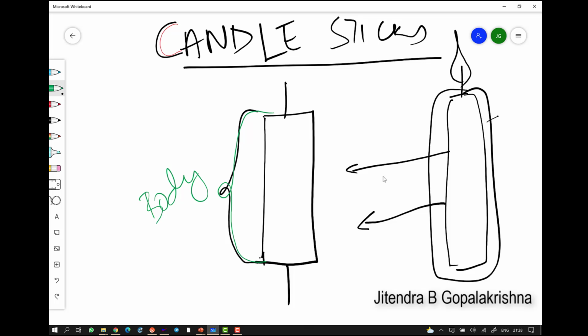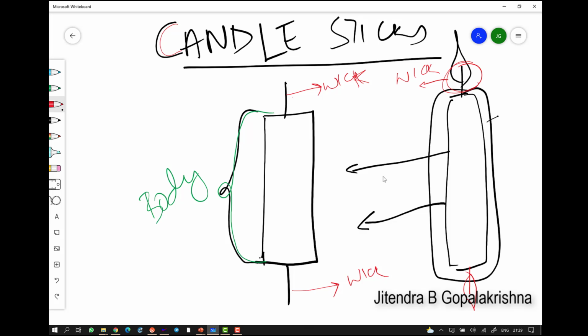Now in the normal candle we have a wick, right? So in here as well we have a wick. Now in here, most of the times, we will have a wick on both sides, so it's like a normal candle burning on two sides.